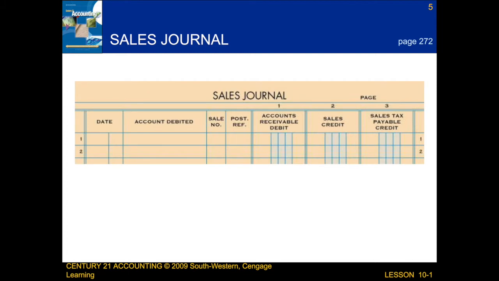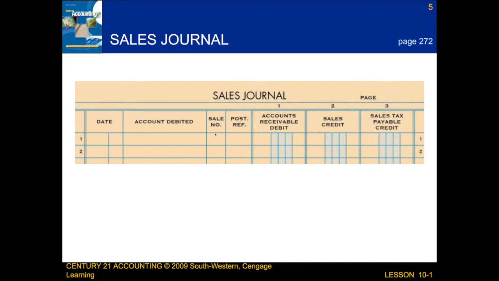Alright, next we're going to be talking about a sales journal. So what we're essentially looking at here is a sales journal. This is where we'll put the page number. This is where we'll put the date. This is where we'll put the name of the customer.